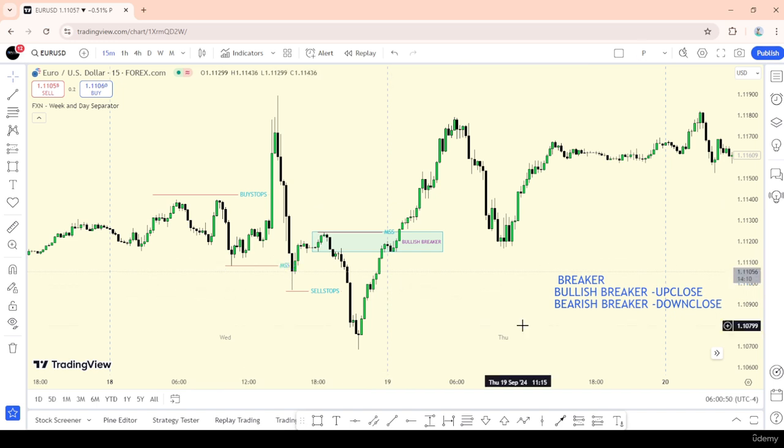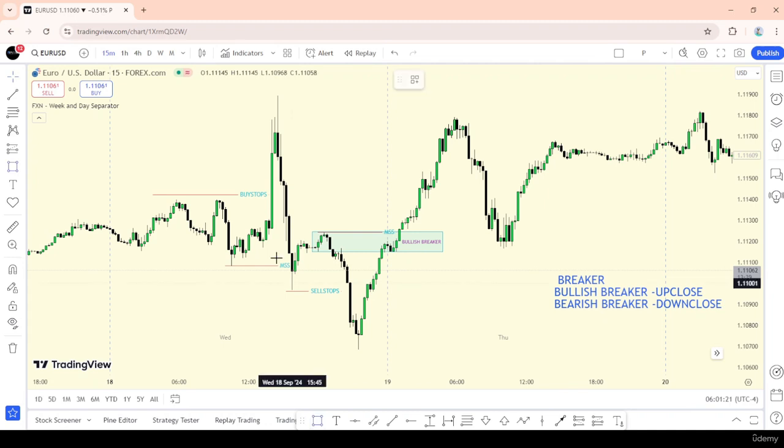So what I'm saying about a bearish breaker is that it's the down close candle before the down move. The bearish breaker here, the down close candles, are this set of consecutive candles following one another, and we have to outline those consecutive candles.